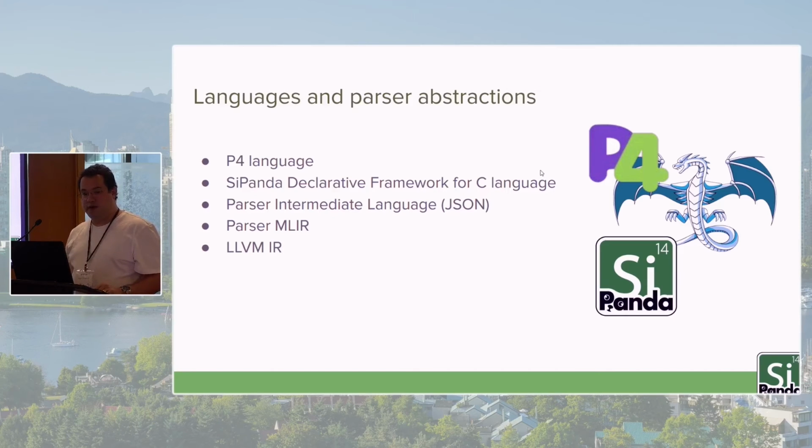We also have what we call parser intermediate language, which is a JSON declarative format for representation of parsers. We're working as well on parser MLIR, which is the multi-level intermediate representation from LLVM, creating a new MLIR language for parsers specifically too.